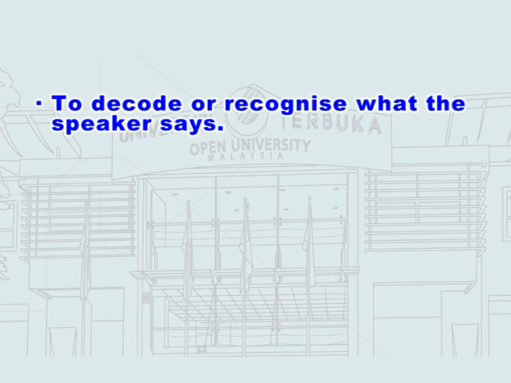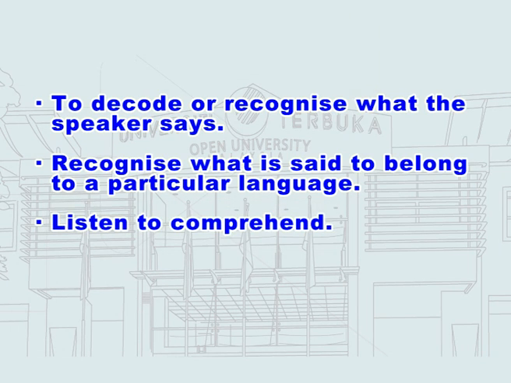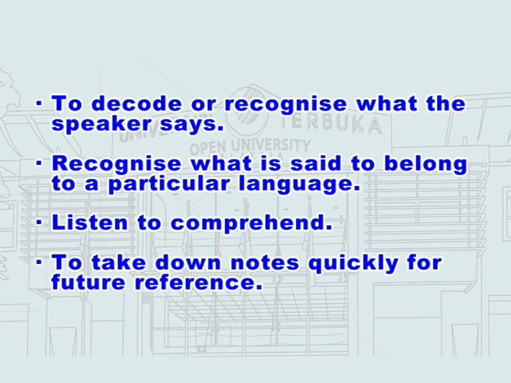We must first recognize what is said to belong to a particular language. Then, we listen to comprehend. For example, to understand the main points said and the supporting points mentioned. Finally, the purpose of listening in academic setting is to take down notes quickly for future reference.